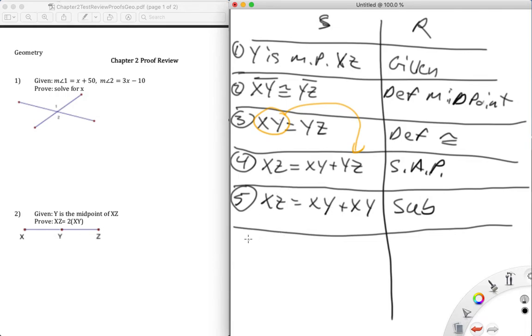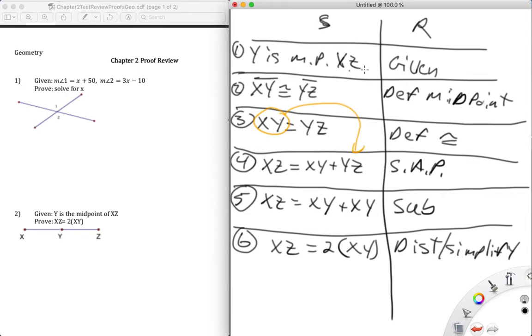I can add those two guys together, combine like terms, and say that xz is equal to 2 times xy because of the distributive property, or you can say simplify, or you can even say combine like terms. I'll take them all.